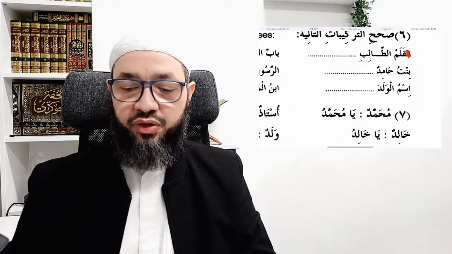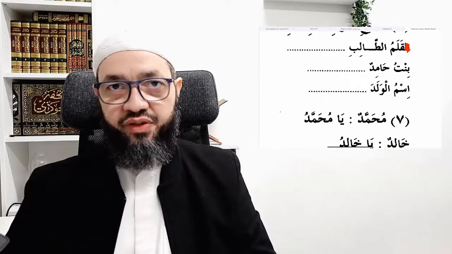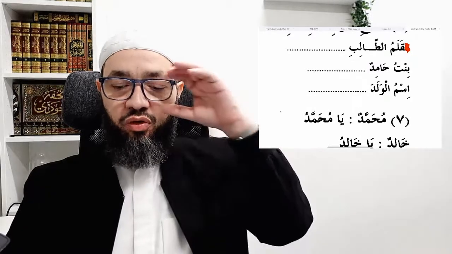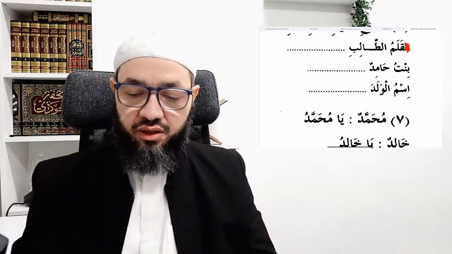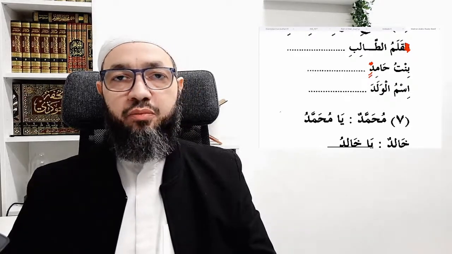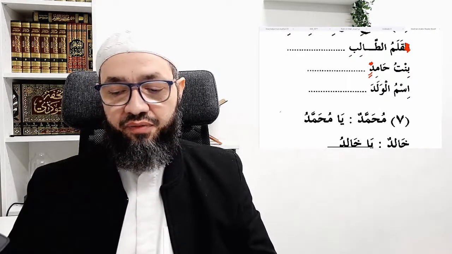Bintu Hamidun, Hamid's daughter. What's wrong with this phrase? It's not even a sentence. It shouldn't be Hamidun. It should be Hamidin, because it's mudaf ilayh. Mudaf ilayh is always majroor ending. In this case, it takes a kasra.